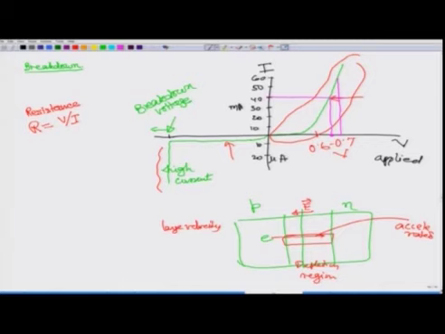Suppose the current reaches here. So, you have a delta I and you have a delta V. This is the delta I, the increase in current, and here is the increase in voltage. So, if my circuit is around this point, then I am concerned with this portion only, and then we define what is called the dynamic resistance.